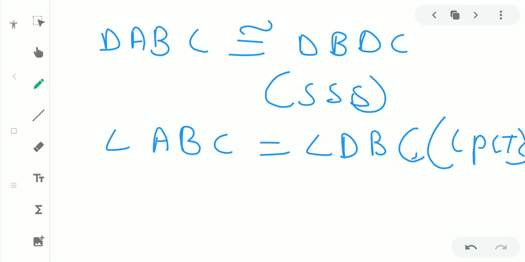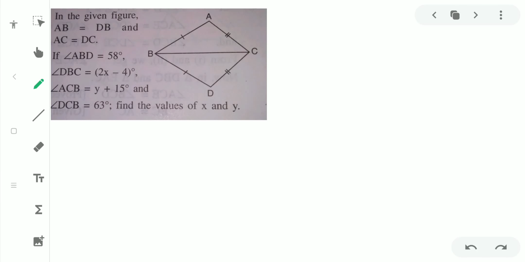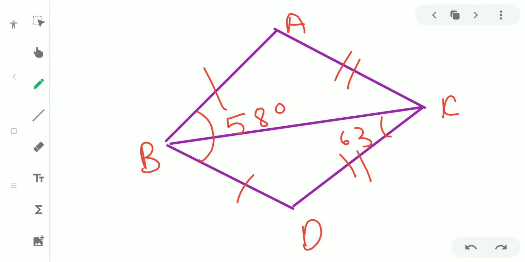Now I will mark on the diagram, it will explain it more clearly to you. Angle ACB, this angle, is equal to y plus 15. So now you can see I have written here y plus 15 degree. And angle DCB, this angle DCB, is equal to 63 degree.